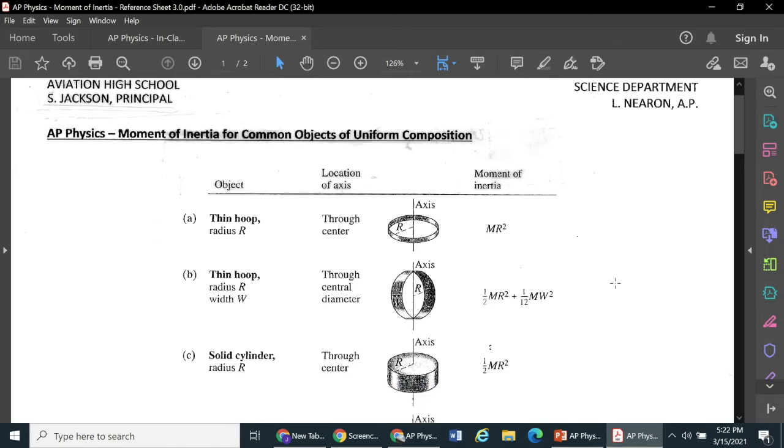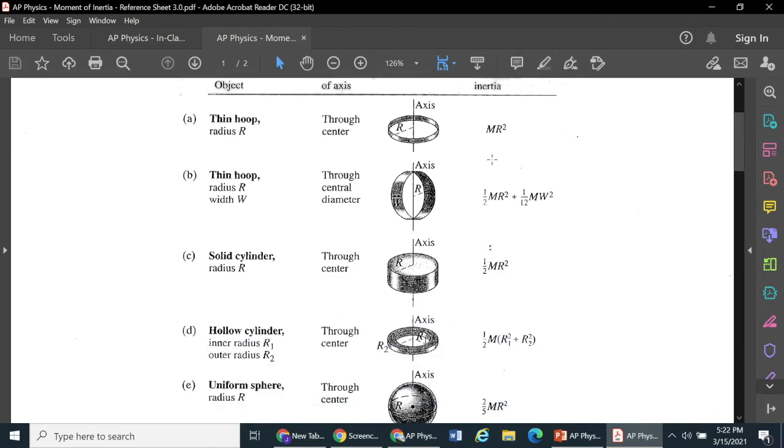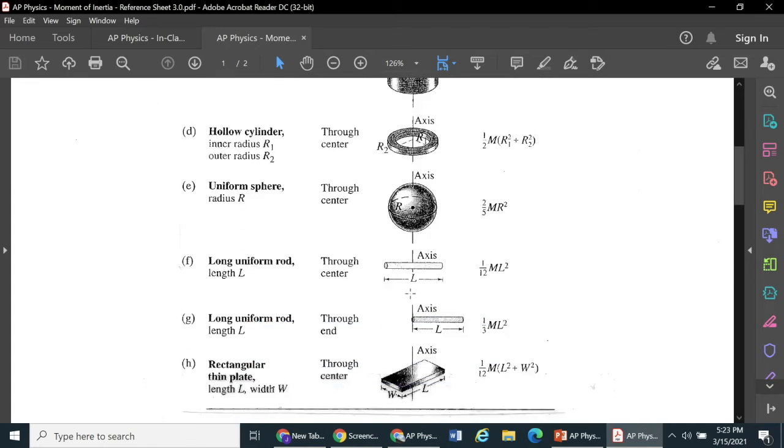Because if you go to the moment of inertia for common objects of uniform composition reference sheet, this sheet that I posted last week, you can see here that every moment of inertia equation, especially for the more common objects, takes the form of mr squared, if the object is round at least. Even if it's like a rod, it takes the form of 1/2 m times some dimension of length squared. It's got to be that to make the units work out.